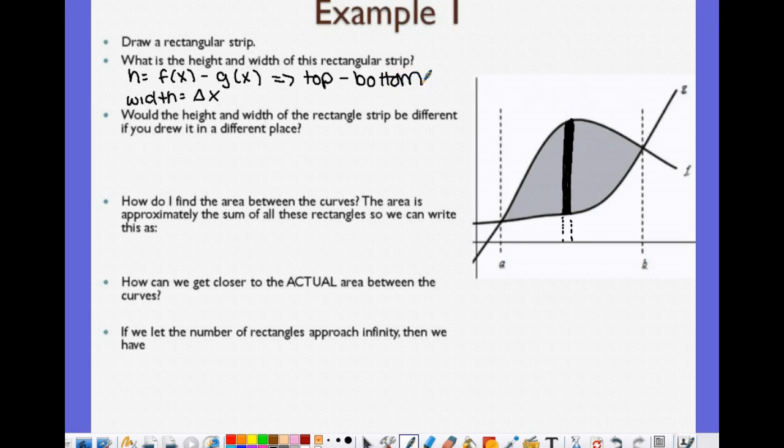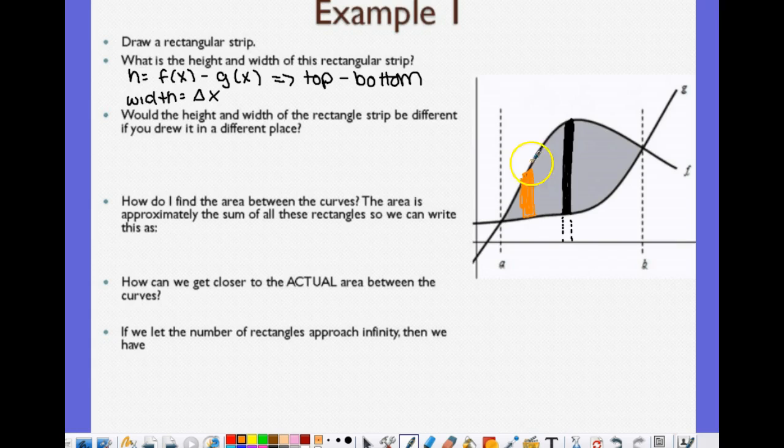So the second question posed to you is, would the height and width of the rectangular strip be different if I drew it in a different place? If I drew a second rectangular strip here, would I represent that in any different way?